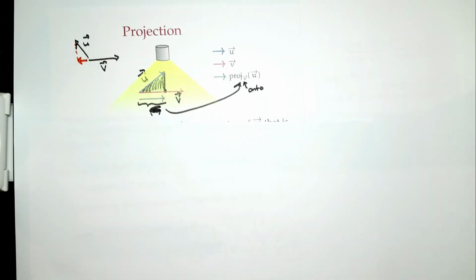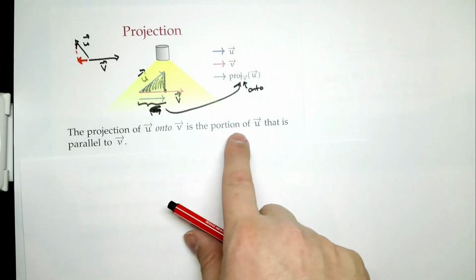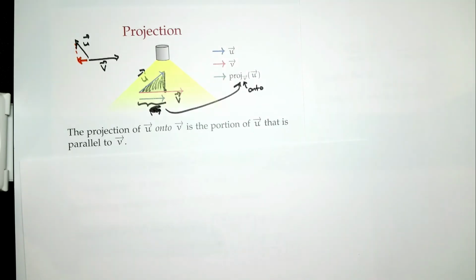But in both cases, whether I'm pointing in the same direction as v or in the opposite direction, I'm always a scalar multiple of v. So I'm always parallel. So the projection of u onto v is how much of u is parallel to v.